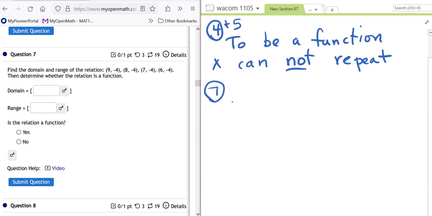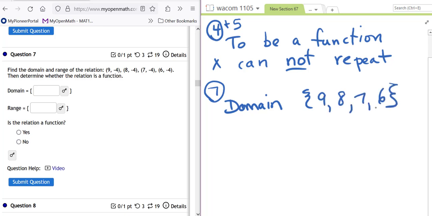For domain, we want all the X's. So 9, 8, 7, and 6. And they did not repeat, so it is going to be a function. They just put it in numerical order, which I should have done, but it's fine.